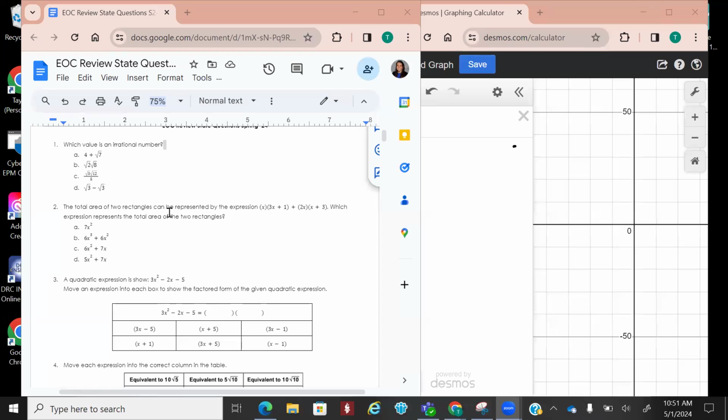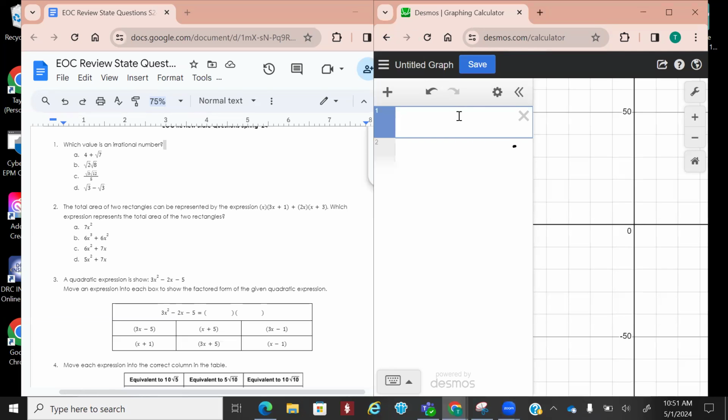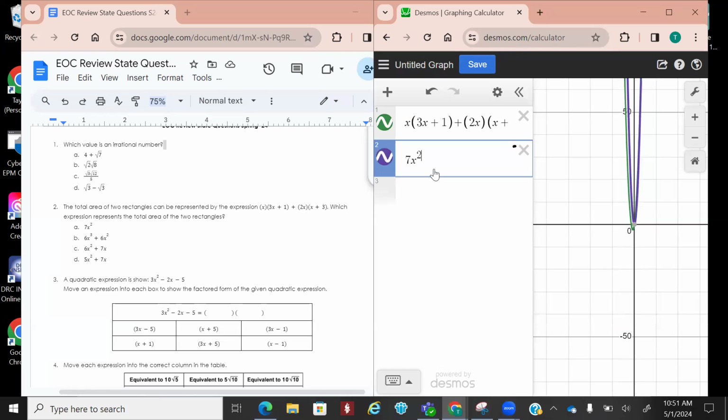Number 2, okay, so it says the total area of 2 rectangles can be represented by this expression. Which expression represents the total area of the 2 rectangles? Let's say I blank. I have no idea what to do with this. I'm going to take the original problem and type it into Desmos exactly how I see it. We get this lovely graph. I'm going to take all 4 of my answer choices and type them into Desmos.